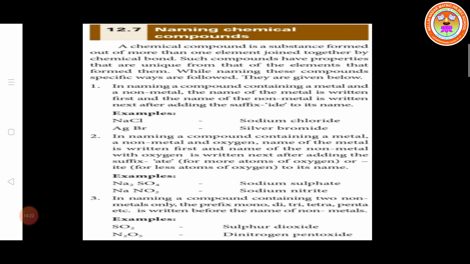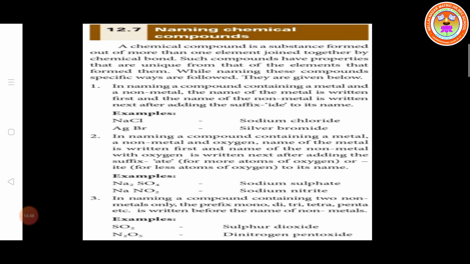More oxygen means ate, less oxygen means ite. For example, Na2SO4 has more oxygen, and NaNO2 has less oxygen. Here 4 oxygen, here 2 oxygen. So for SO4 you add ate, and for NO2 you add ite.